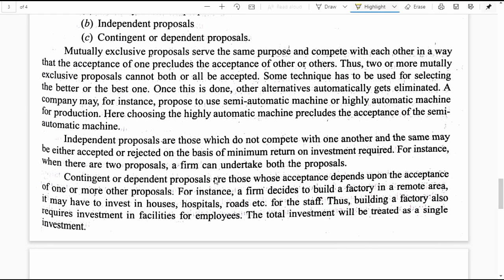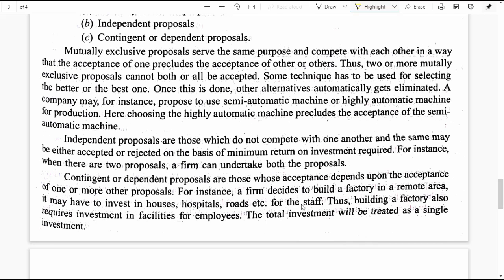These are all the proposals whose acceptance depends upon the acceptance of one or more other related proposals. For example, if a firm decides to build a factory in a particular area, it may have to invest in houses, hospitals, roads, etc. for the staff.